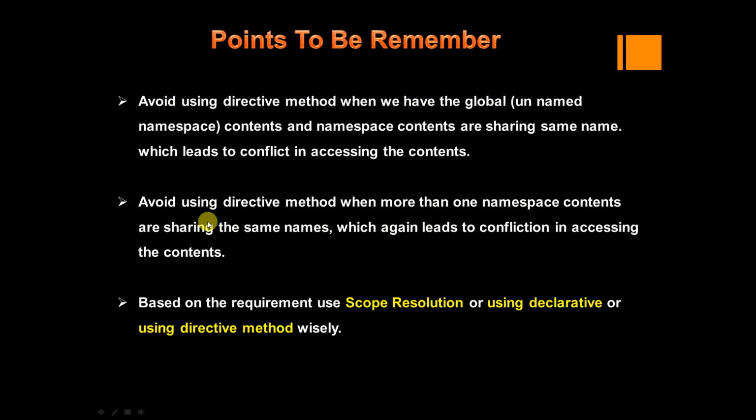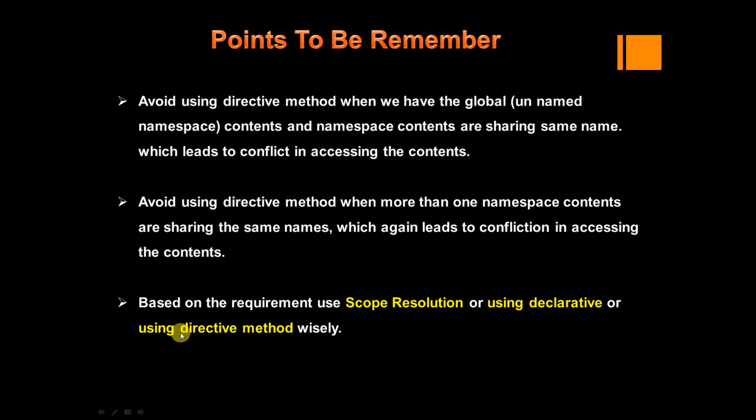In the same way, avoid the using directive method when more than one namespace's contents are sharing the same names, which again leads to conflict in accessing the contents. That is, namespace 1 has int data and namespace 2 also has int data. When you are using namespace 1 and using namespace 2, again the compiler will get confused about which one to take, whether namespace 1 content or namespace 2 content.